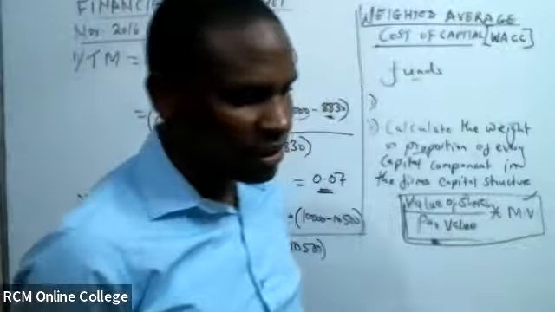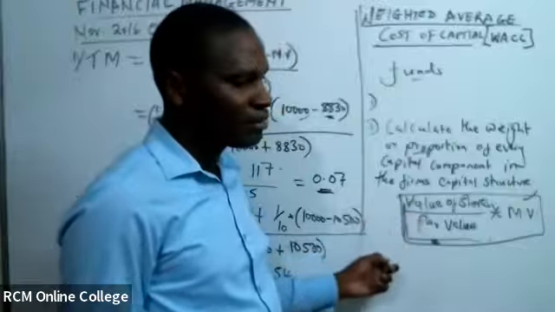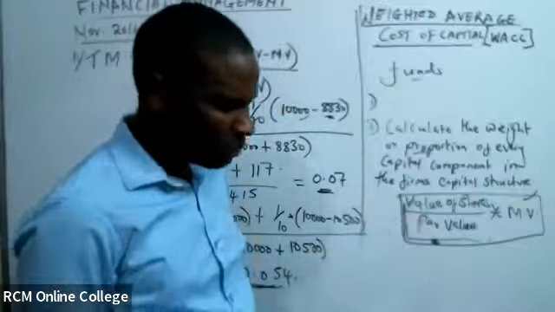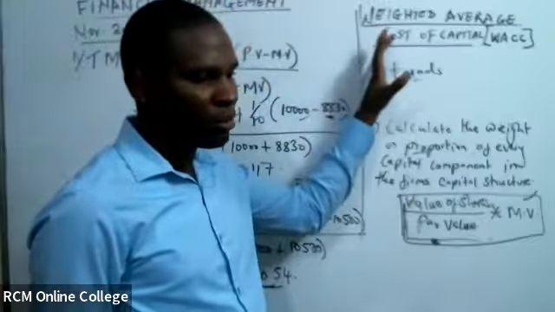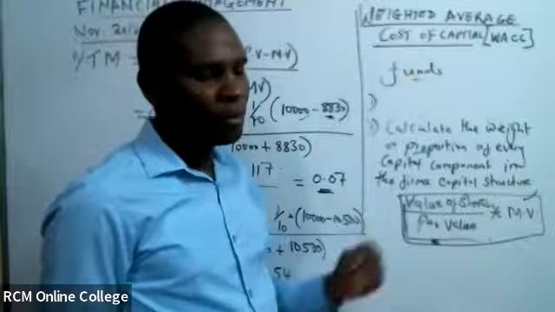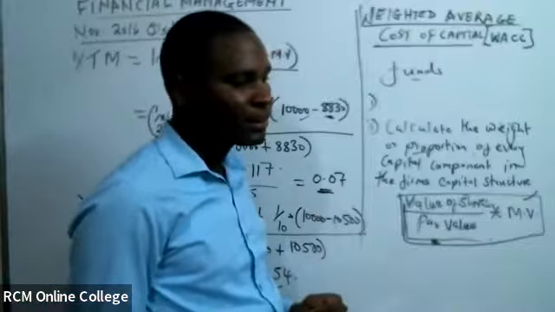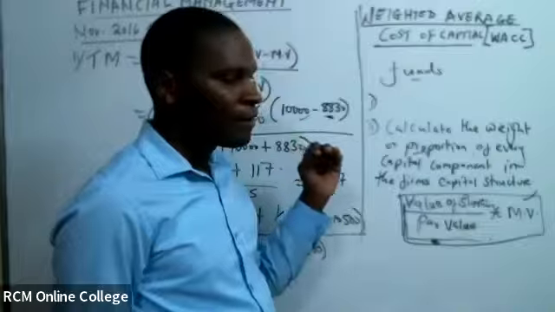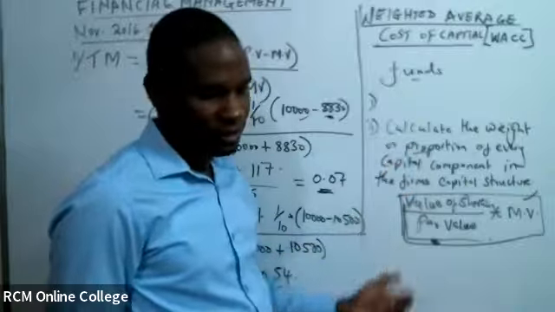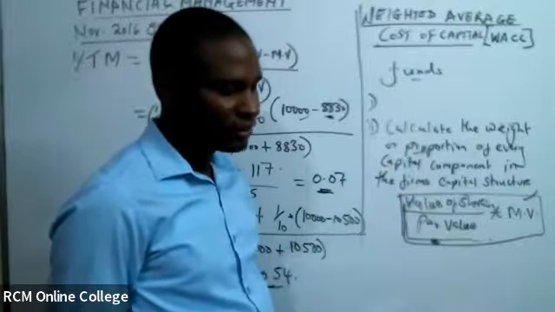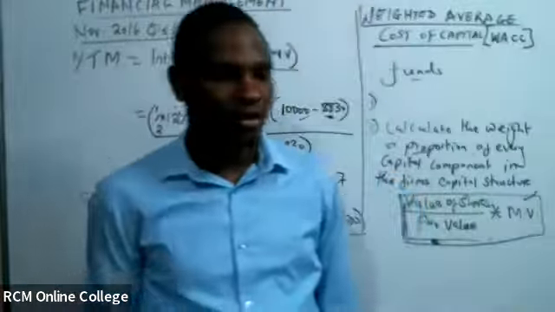So step 3: multiply the component cost, and you may put it in Roman number 1, with the respective weight. If it is the cost of equity, you have to multiply with the weight of equity, to get the WCC.